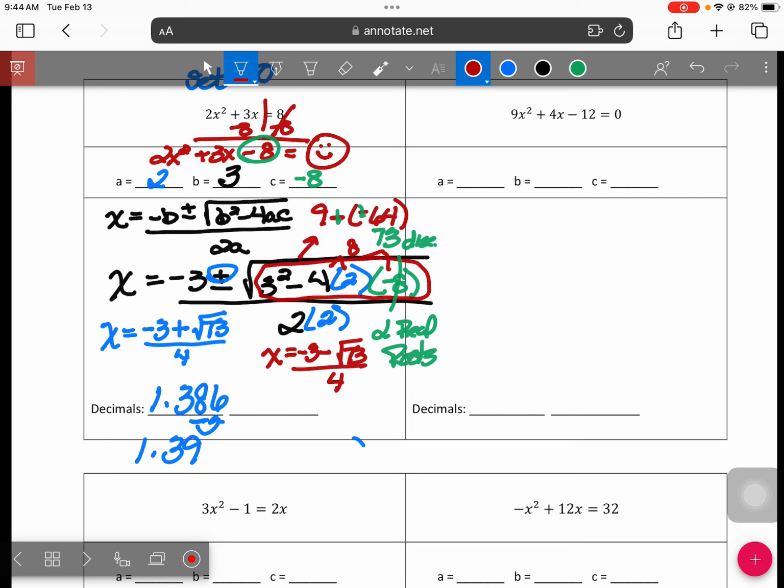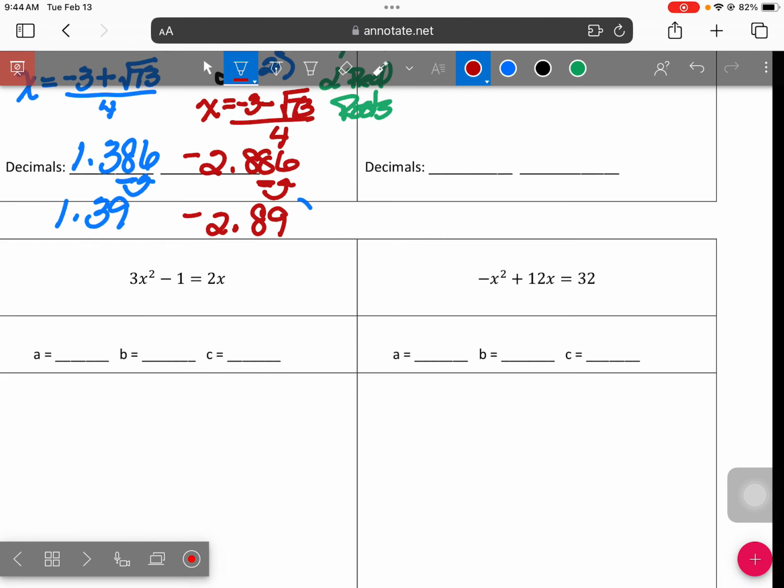I got negative 2.886. Negative 2.886 to the hundreds place, negative 2.89. Again, make sure you bring your computers tomorrow. You will be listening or watching a video, and also I will have more of these notes with these problems on it.